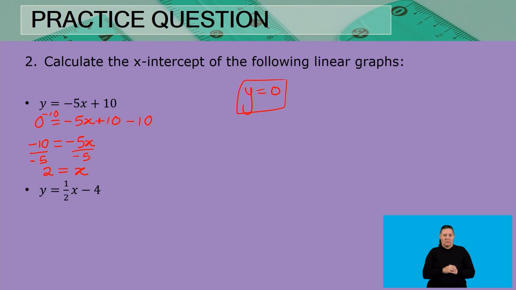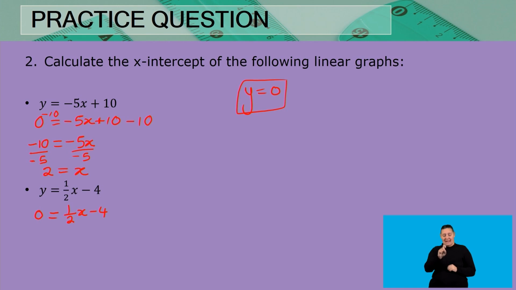The next equation that we have there is y = 1/2 x - 4. So let's calculate the x-intercept there. Remember, with the x-intercept, y = 0. So let us substitute 0 in the place of y, and we are left with 0 = 1/2 x - 4.